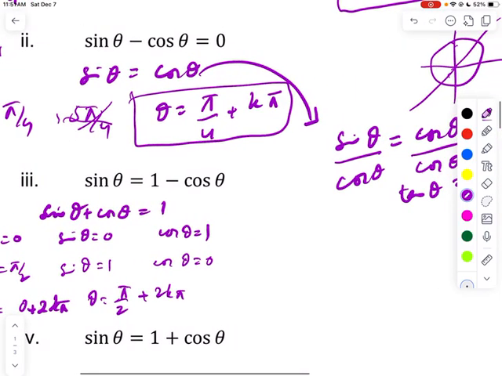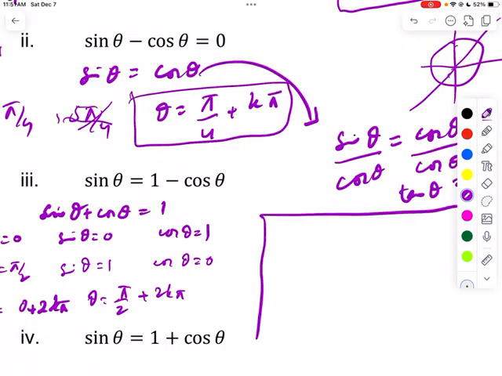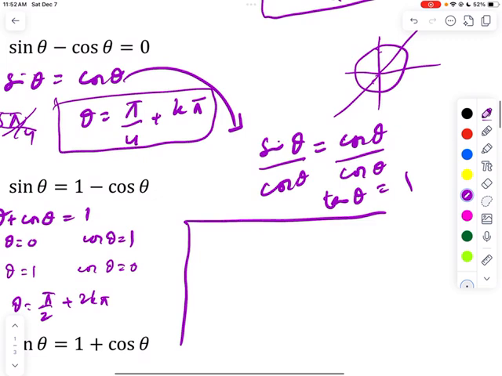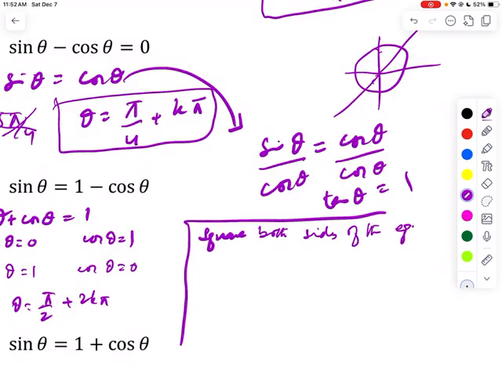Now another way of doing this problem is a longer way. Square both sides. So I am squaring this equation. I get sine square theta, and then we have 1 minus cosine theta whole square.